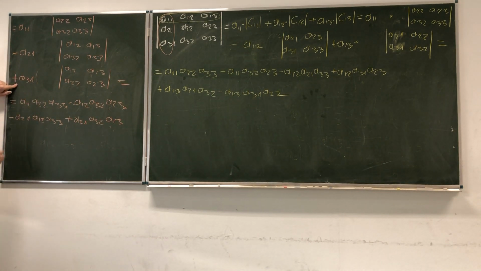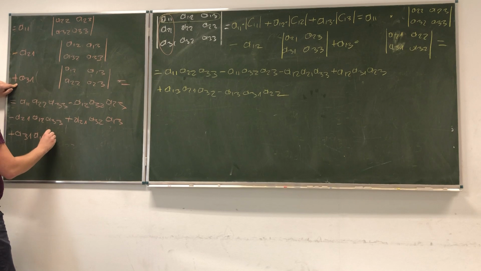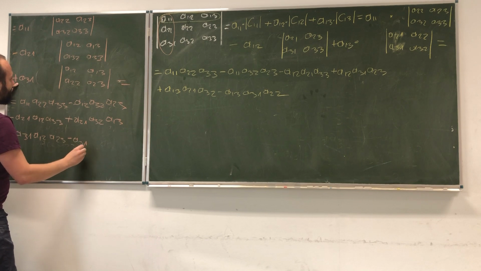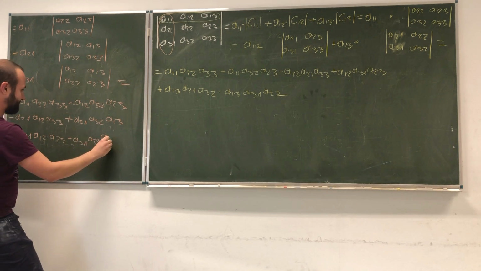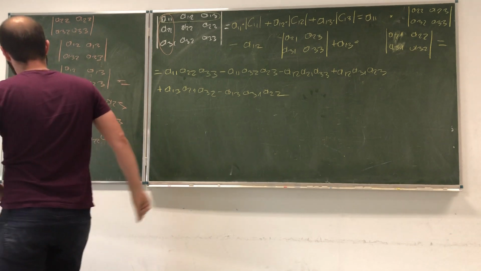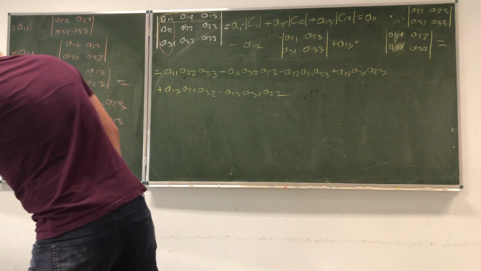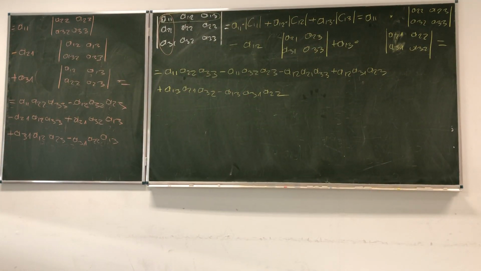And finally, out of this, we're going to have plus A31, A12, A23, and minus A31, A22, A13. Okay, assuming that I didn't make any simple mistake, we should have it.